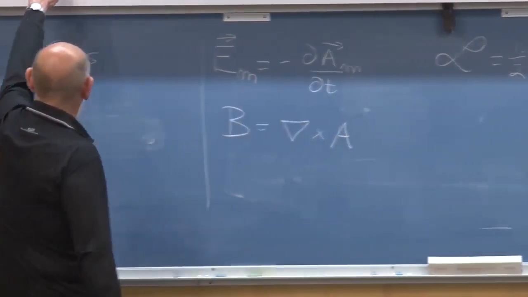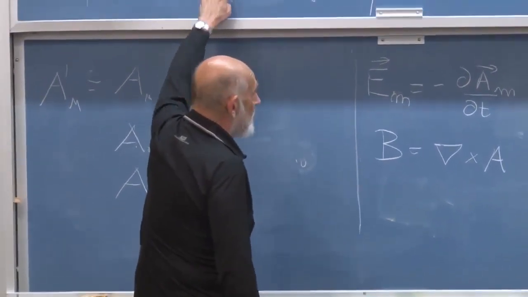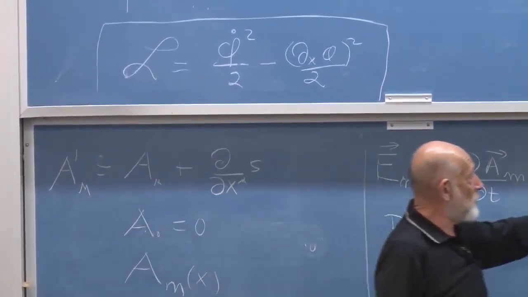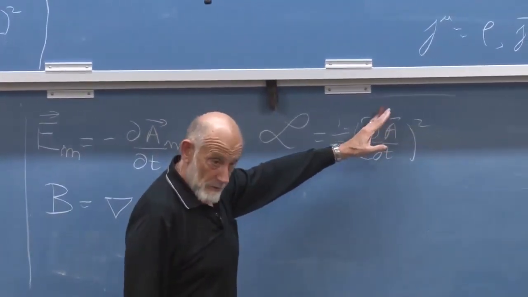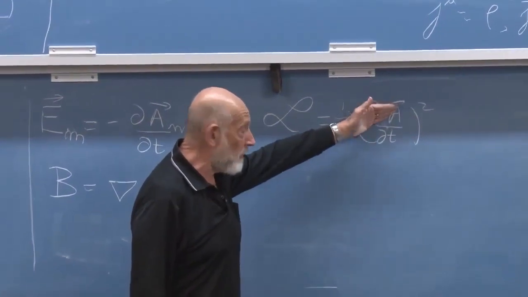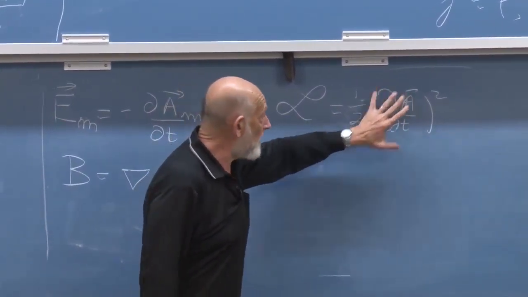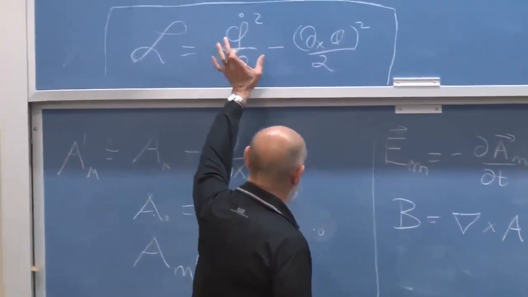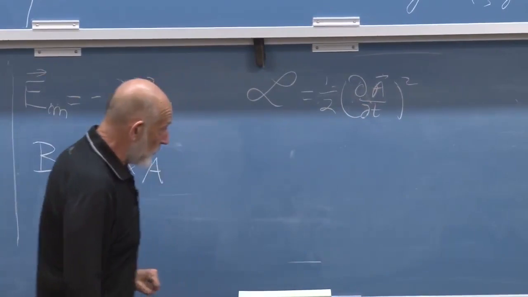That looks an awful lot like this: 1/2 the time derivative of the field squared. Now, there's not just one term here, there are 3 terms. There's the time derivative of Ax squared, the time derivative of Ay squared, and the time derivative of Az squared. But it is a sum of terms of exactly this type, one for each component of the vector potential.